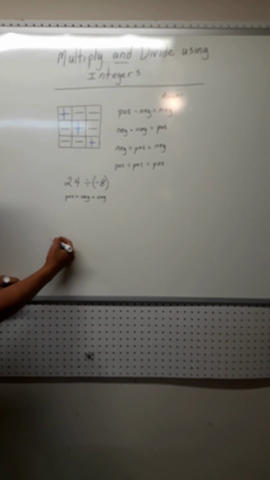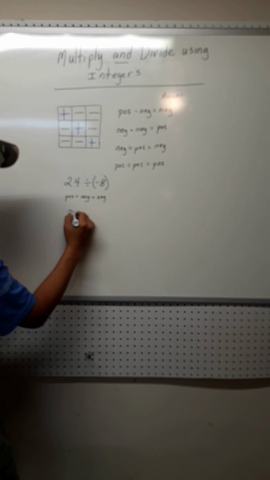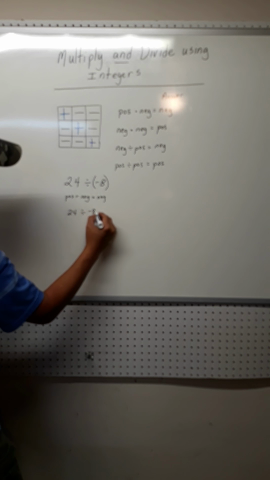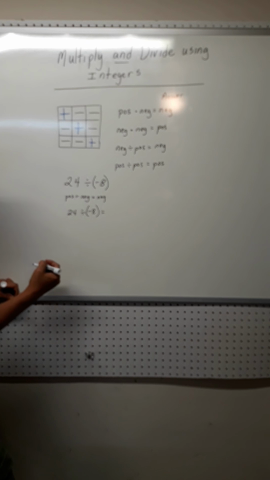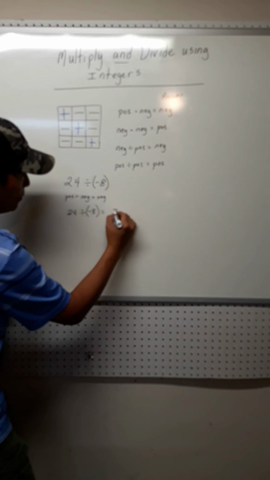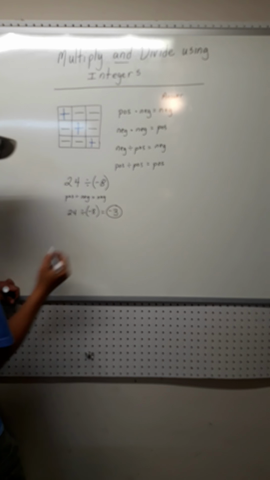So 24 divided by negative 8 will give me, well, 24 divided by 8 is 3. Well, what kind of 3 is it? It has to be a negative. So therefore, it's a negative 3.